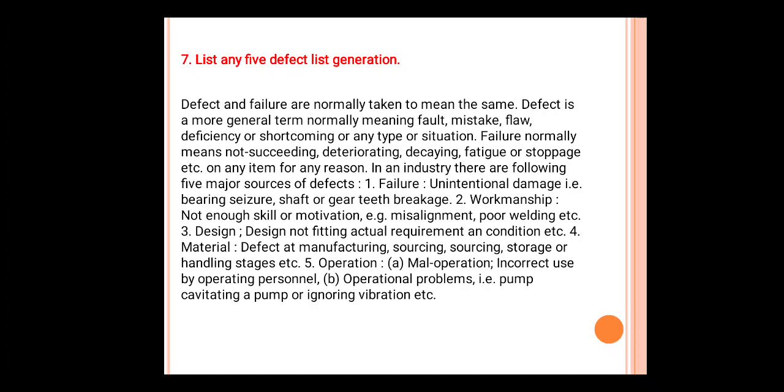In an industry, there are the following 5 major sources of defects. Which are those? We'll see here. 1. Failure: unintentional damage, that is, bearing, seizure, shaft, or gear teeth breakage. Second, workmanship: not enough skill or motivation.